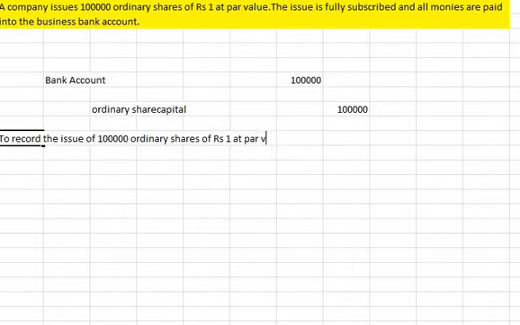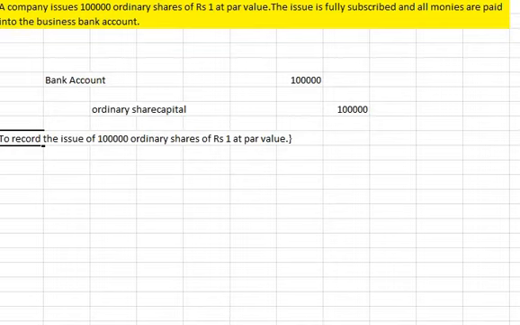So this will be your narration. Okay, I think it is clear. The company has issued 1 lakh shares at rupees 1 at par value. So 1 lakh into 1, that is your amount, 1 lakh rupees as your ordinary share capital.